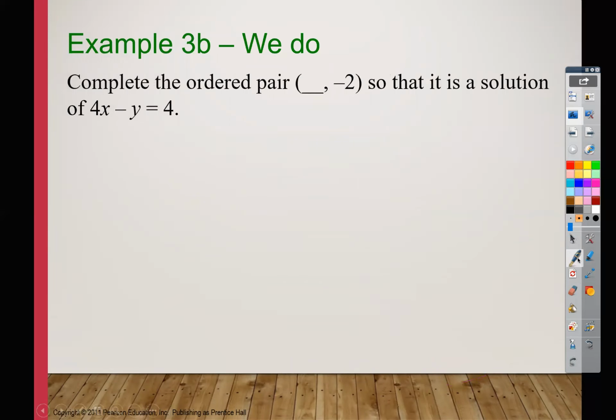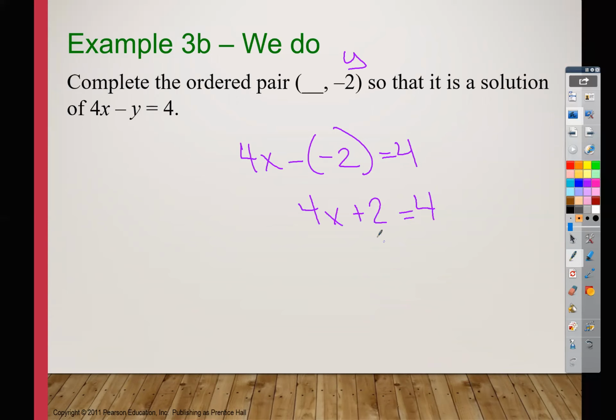Okay, the next one: complete the ordered pair (x, -2) so that it is a solution of the equation. You know that this is y, and we don't know x, that's what we're trying to find. I want you to see how I'm writing that. y is negative, and there's already a minus sign there, so I know that a double negative changes to a plus 2. I'm going to subtract 2 from both sides, and then divide by 4.